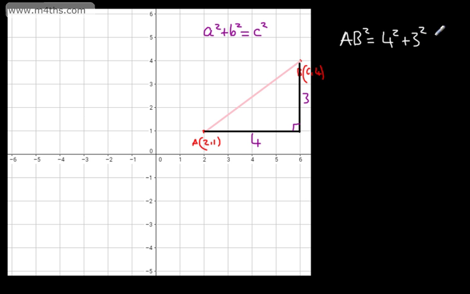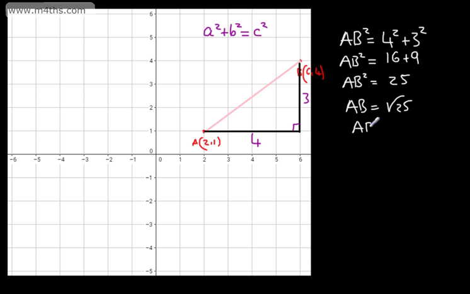It doesn't matter which you call A and which you call B. So that's going to give us that AB squared, so the hypotenuse squared, and of course you can call that C, is simply 16 plus 9. That's going to give us that AB squared is equal to 25. We take the square root and we need the positive value, so we can say now that AB is going to be equal to the square root of 25, and AB will be equal to 5 units.